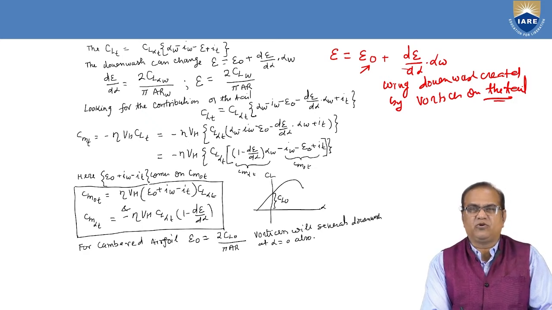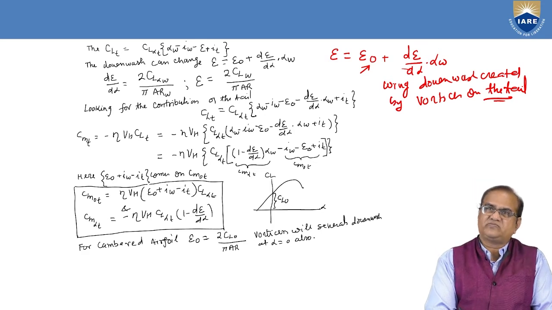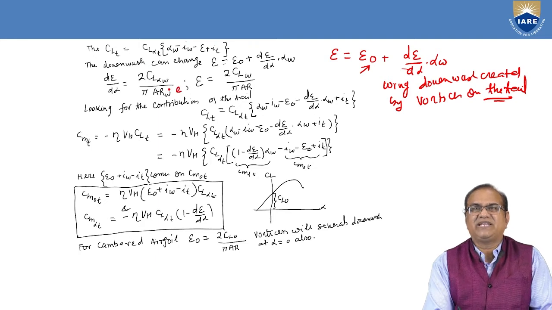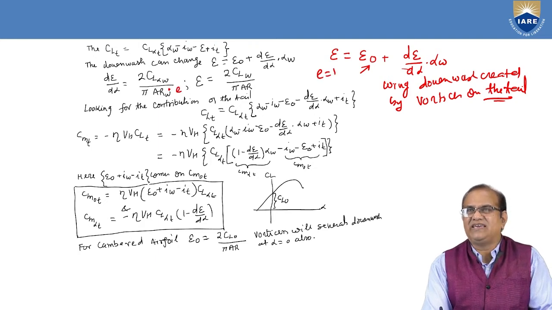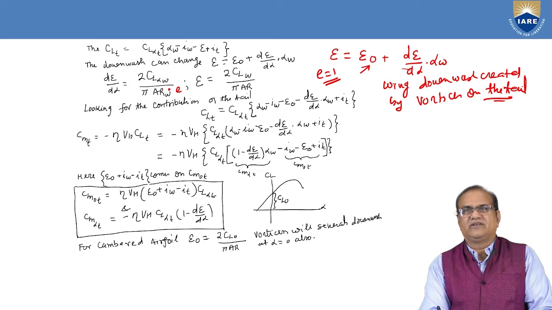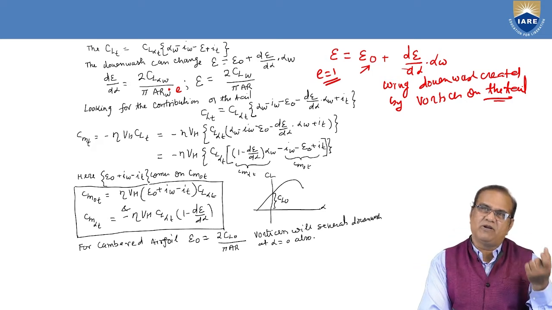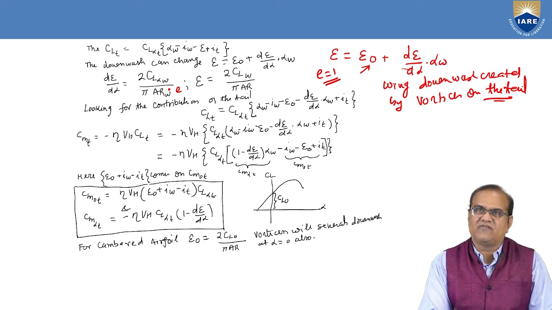Wherever I put W, it is for the wing. So d epsilon by d alpha is equal to 2 CL alpha W by pi times the aspect ratio of the wing, and you can also add E. But here I am assuming E is equal to 1. So I have not put E here, but if E is given in the problem, please put the value of E also. And here also epsilon is equal to 2 CLW into E.